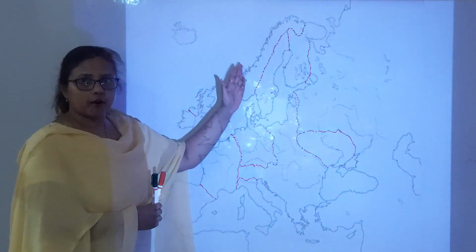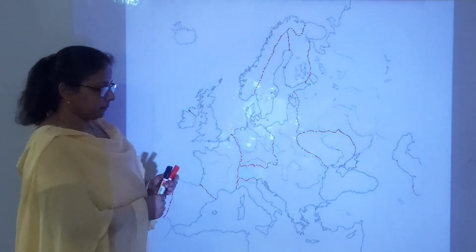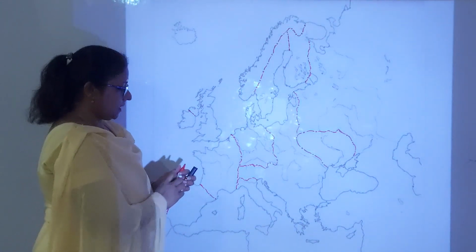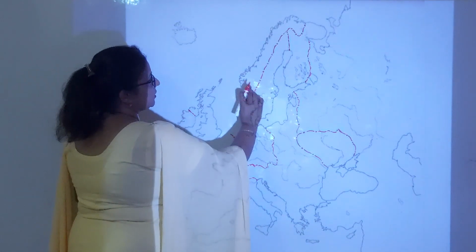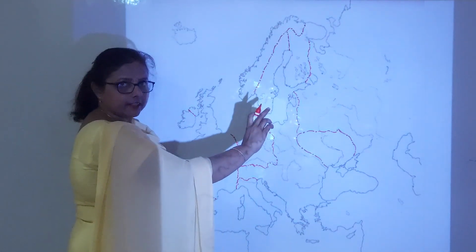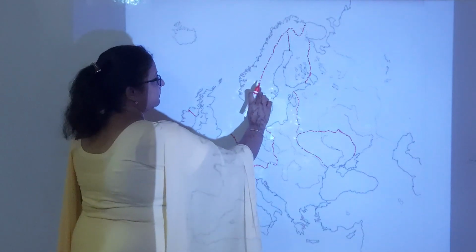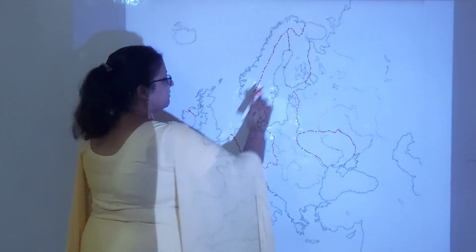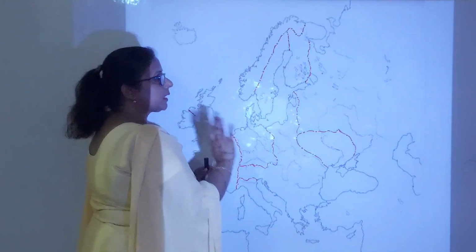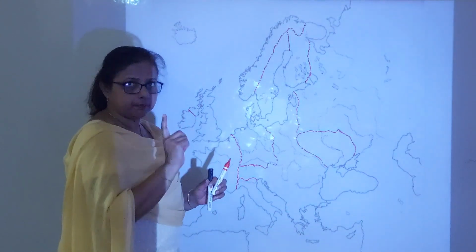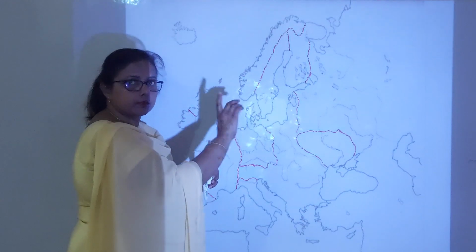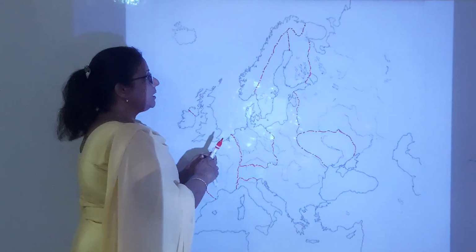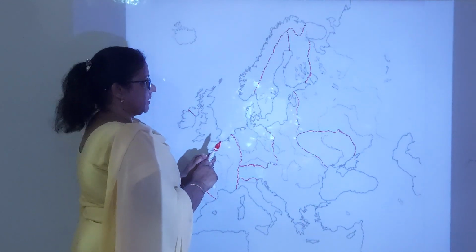Now let us begin from the north. So here you can see that I have marked 3 important Scandinavian countries: Norway, Sweden and Finland. Now you can take any colors except blue. Shade the different countries with different colors and then you can name them.